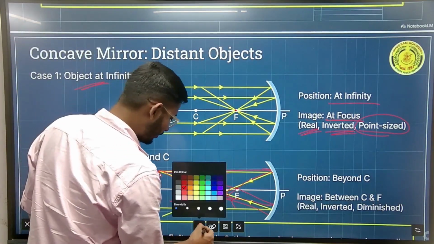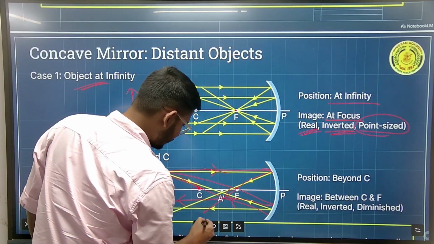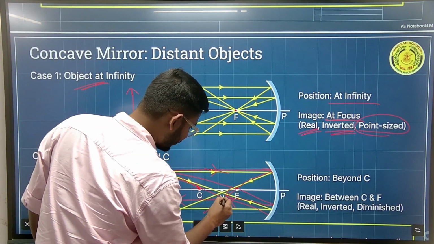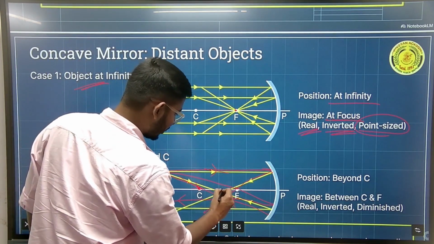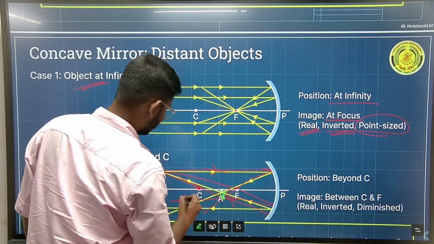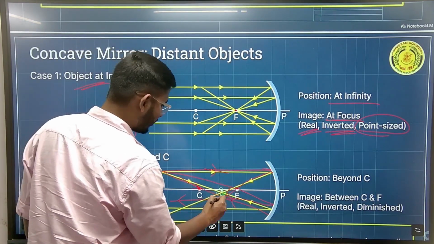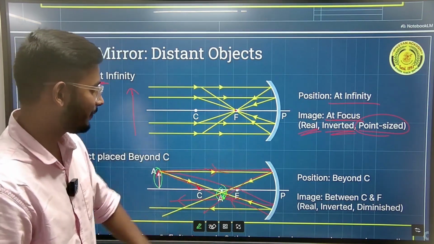Okay, now we can see that all the rays coincide at a point. At that point the image will be formed. For this object, the image will be formed here.